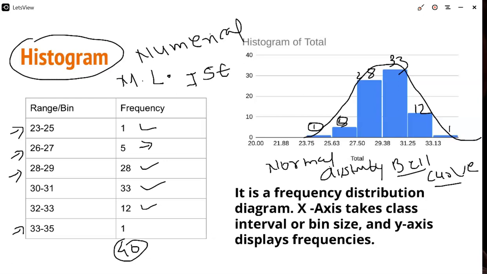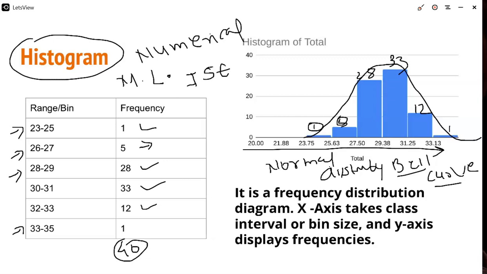So the point that we should remember with respect to the histogram is that the histogram is basically used for the numerical type of data. On the x-axis, the range interval or the bin size is present. Here the range is 23 to 25 or 26 to 27. This range is plotted on the x-axis, and these are the ranges of the numerical variable.